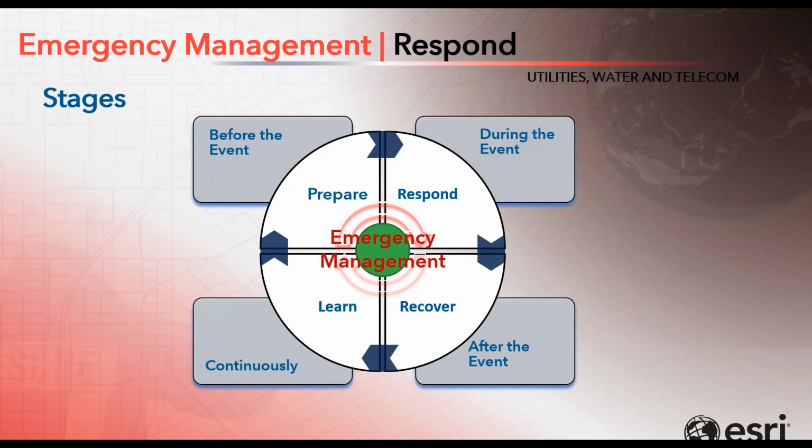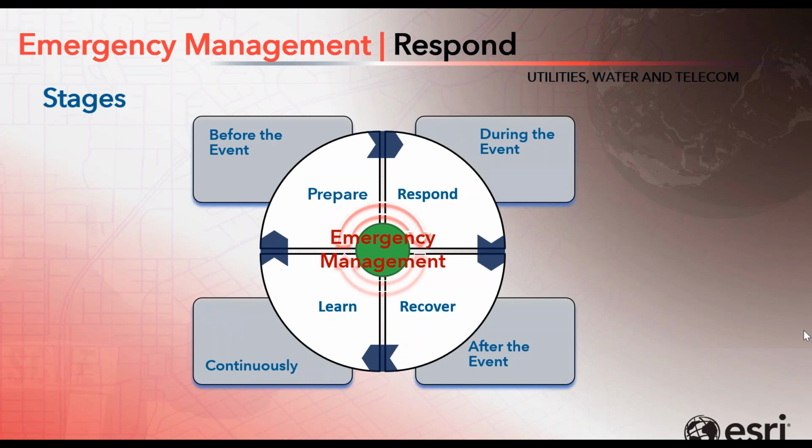Over the course of these three webinars, we address how GIS and location intelligence transforms the way utilities and telecoms deal with all kinds of disastrous events. The three stages of emergency management are, as Joe has stated, prepare, data and processes that must be put in place well in advance of a major event.